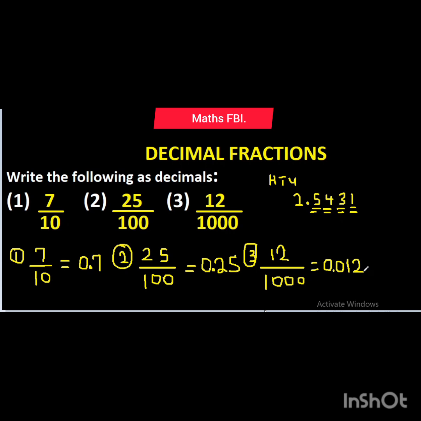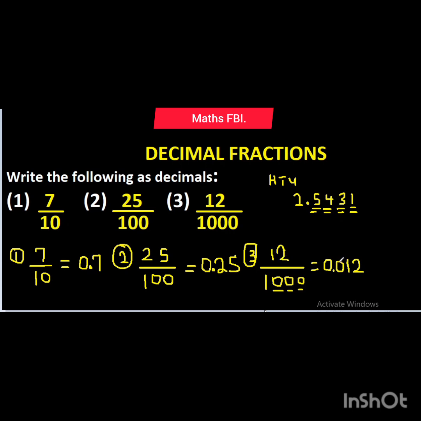Let's rewind so that I don't get confused again. How many zeros do you have here? You've got 3 zeros. So 12 over 1,000 is 0 point, and you must have 3 digits after the decimal point because you've got 3 zeros here. Meanwhile, the numerator has only 2 digits.